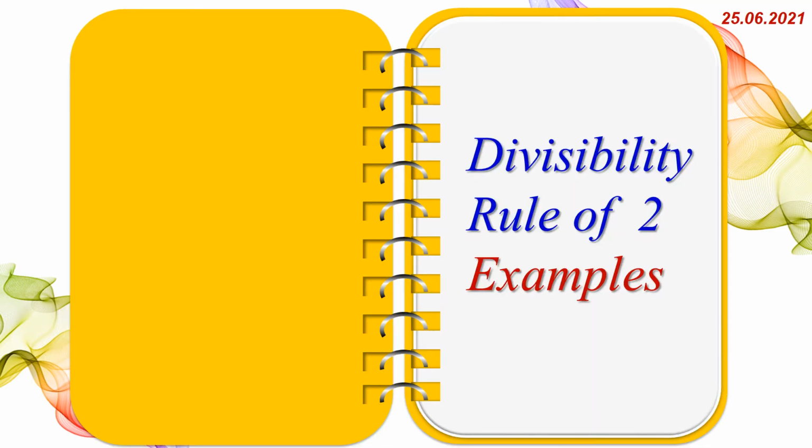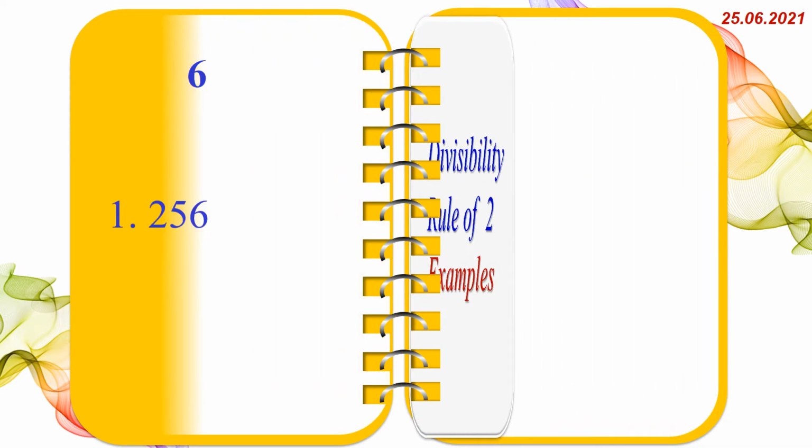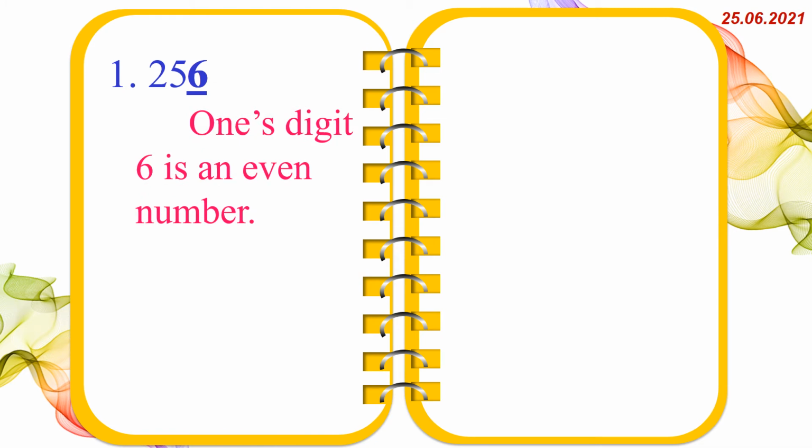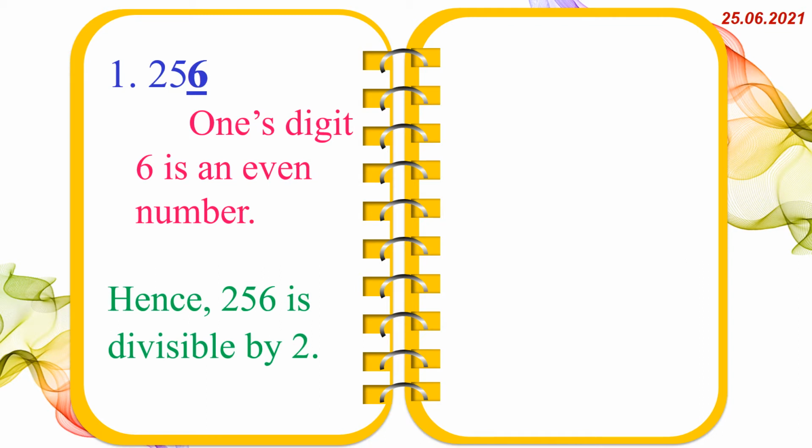Let us understand with some examples. The first one, 256. Here, the ones place digit is 6. The ones digit 6 is an even number. Hence, 256 is divisible by 2.